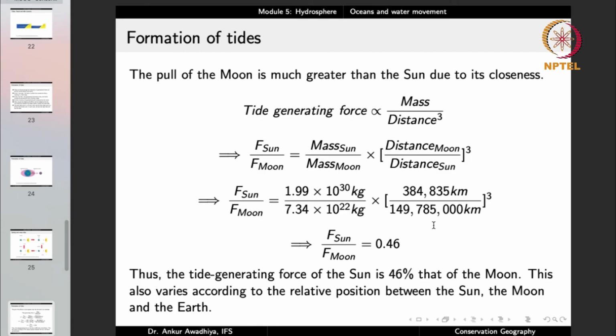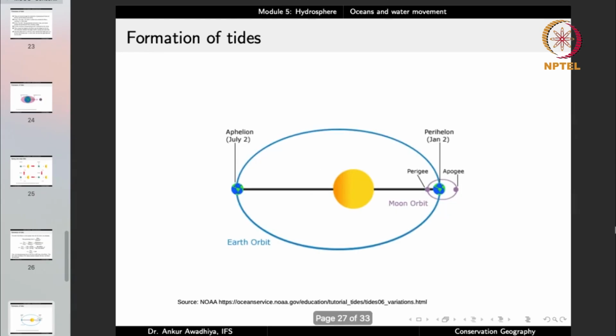And this also varies according to the relative position between the sun, the moon and the earth, because here we are taking the average distance from the moon and the sun to the earth, but the actual distances will be different depending on the orbit of the earth and the moon. The orbits are elliptical.